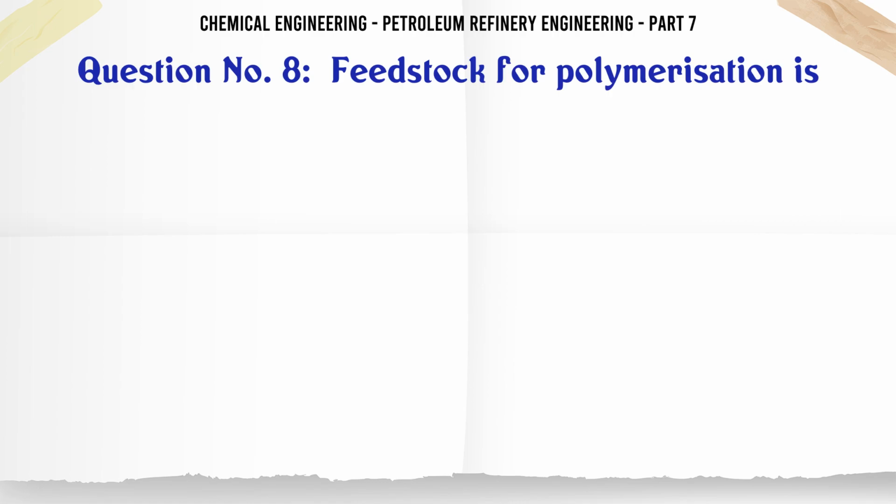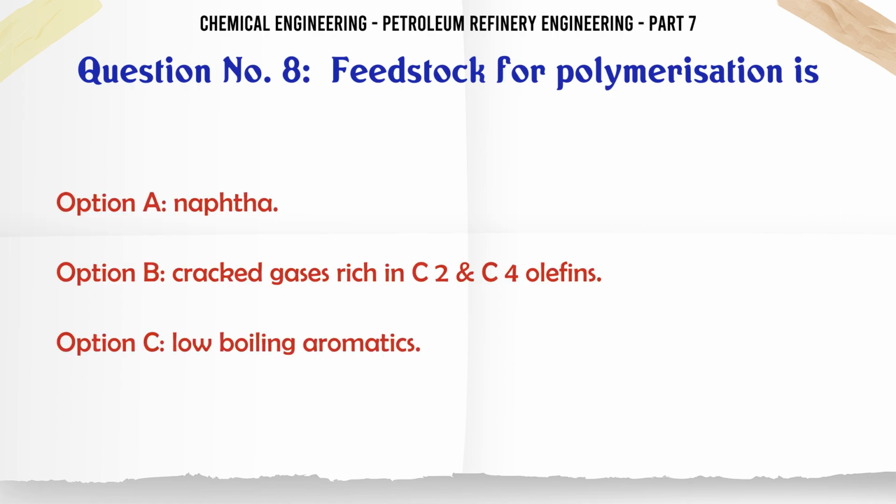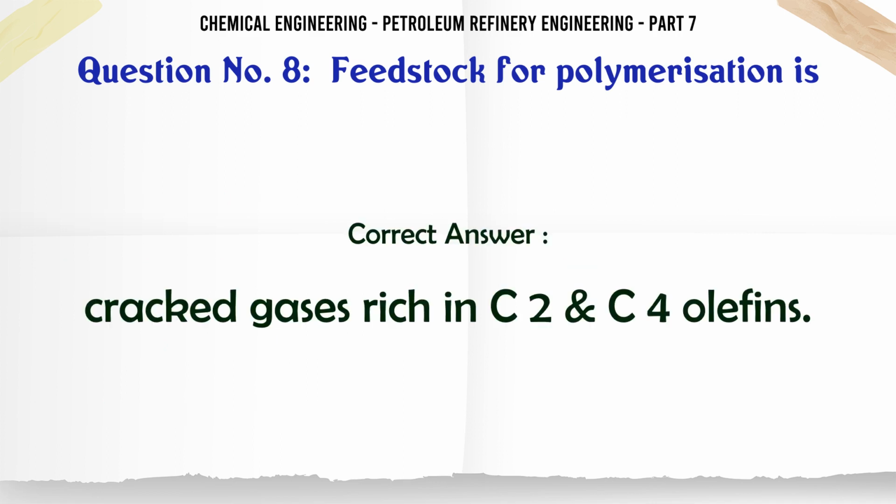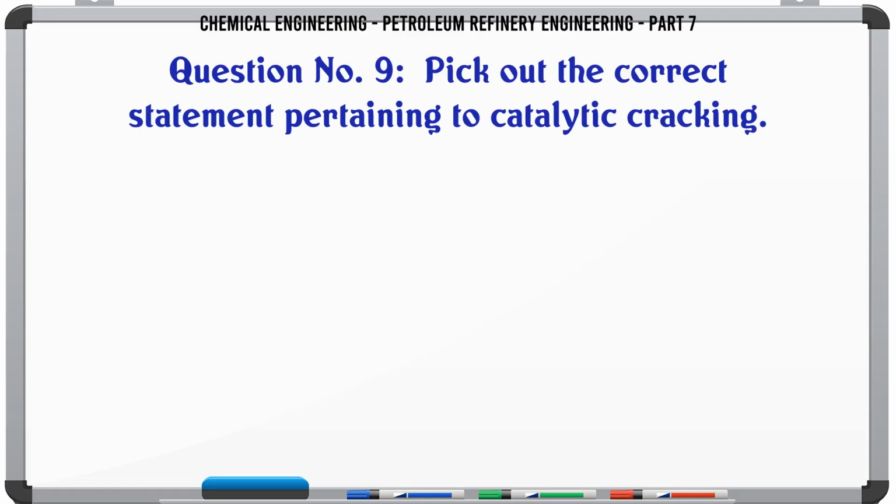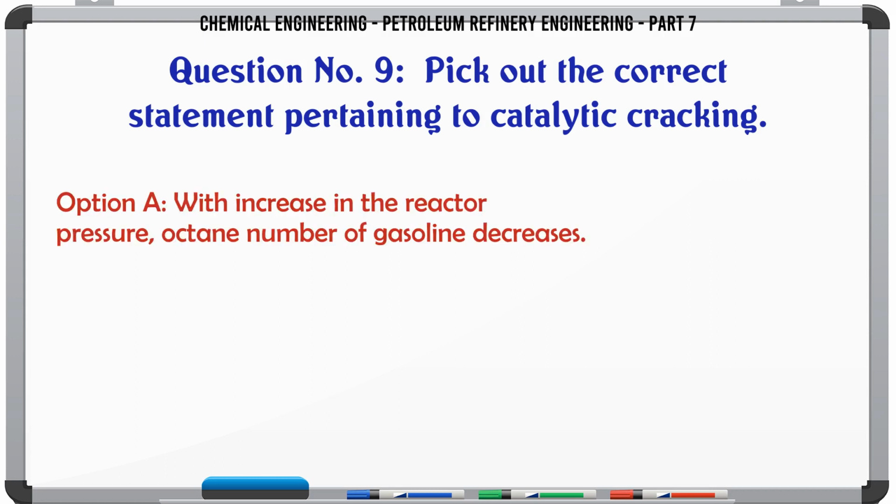Feedstock for polymerisation is: A. Naphtha. B. Cracked gases rich in C2-C4 olefins. C. Low boiling aromatics. D. None of these. The correct answer is cracked gases rich in C2-C4 olefins. Pick out the correct statement pertaining to catalytic cracking.